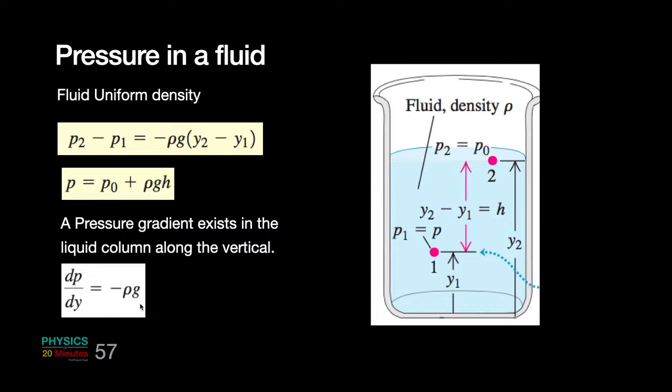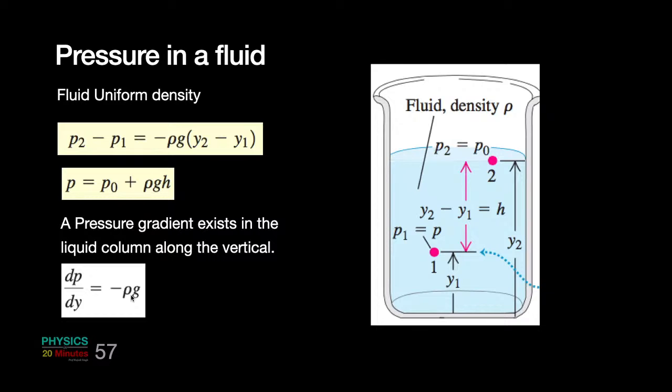We get this gradient because of gravity. The acceleration due to gravity works downward. The weight of each particle of the fluid works downward. That gets accumulated, and that becomes the reason for this gradient.